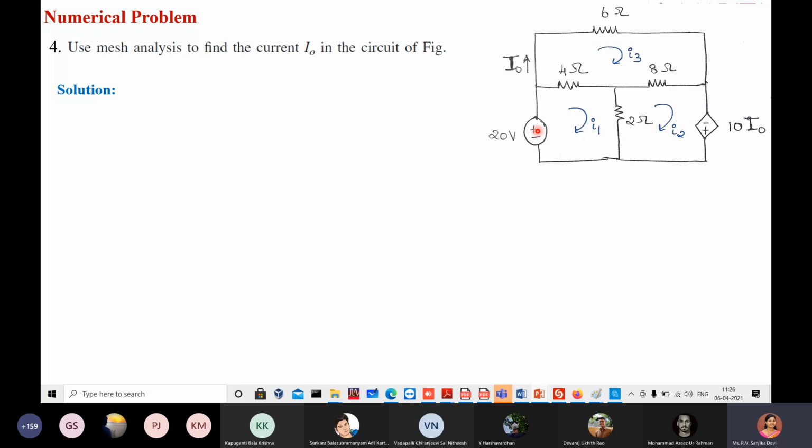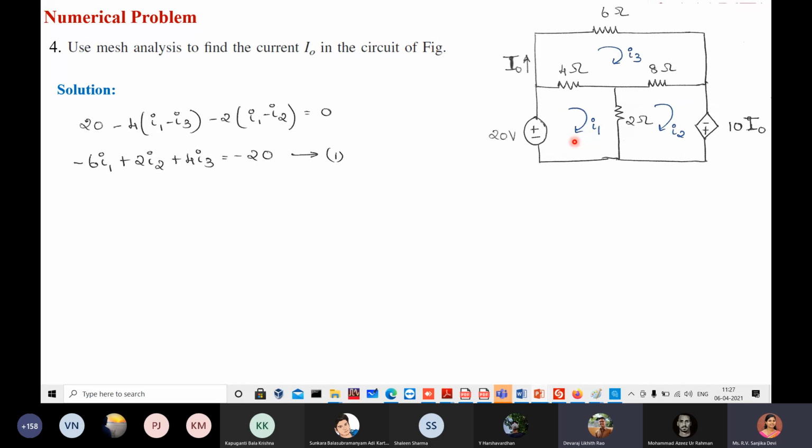For the first loop, what is the equation? Write the equation for the first loop. 6I1 minus 2I2 equals 20.